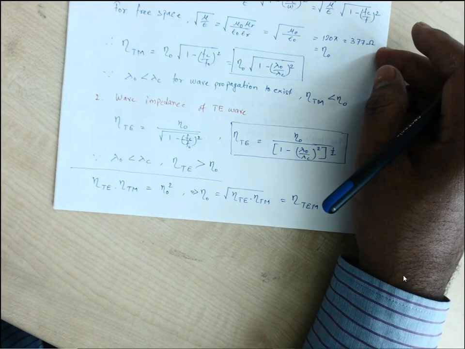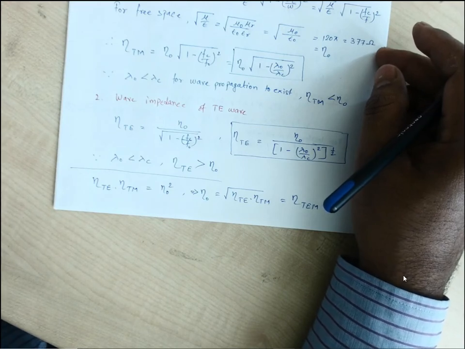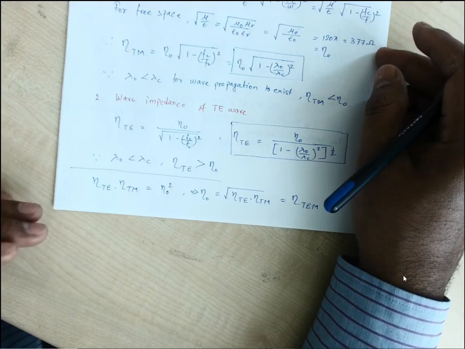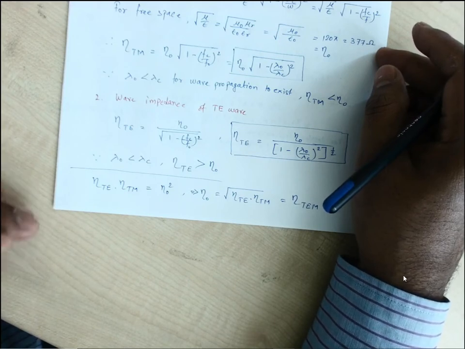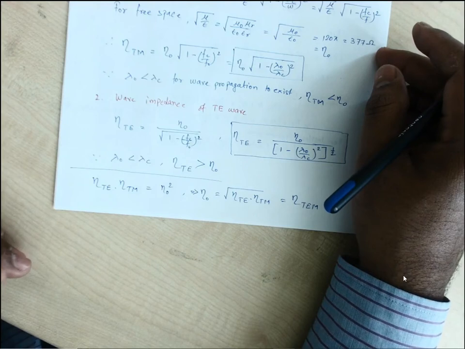If we consider TE, we say it is the wave impedance for the TE wave. When the wave is propagating in an unbounded medium, because waveguides are bounded media, then yes, the wave has the intrinsic impedance of this value. But inside the waveguide, whether it is filled with any dielectric medium or free space, we need to mention that it is the wave impedance inside the waveguide due to this dielectric.